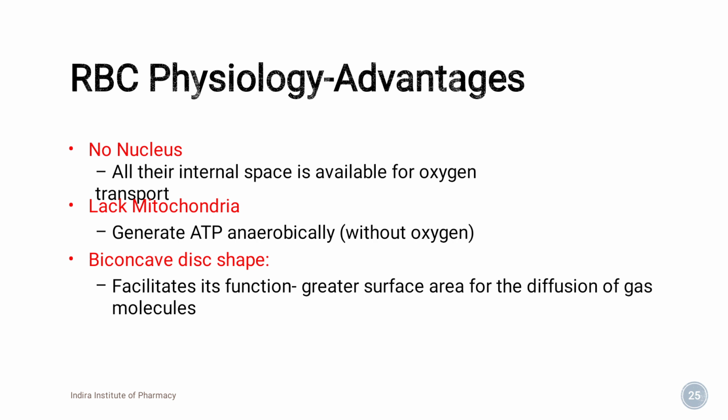Since there is no nucleus in the RBCs, all the internal space is available for oxygen transport. Some organelles are also absent, such as mitochondria, so RBCs generate their energy, that is ATP, anaerobically, without oxygen.